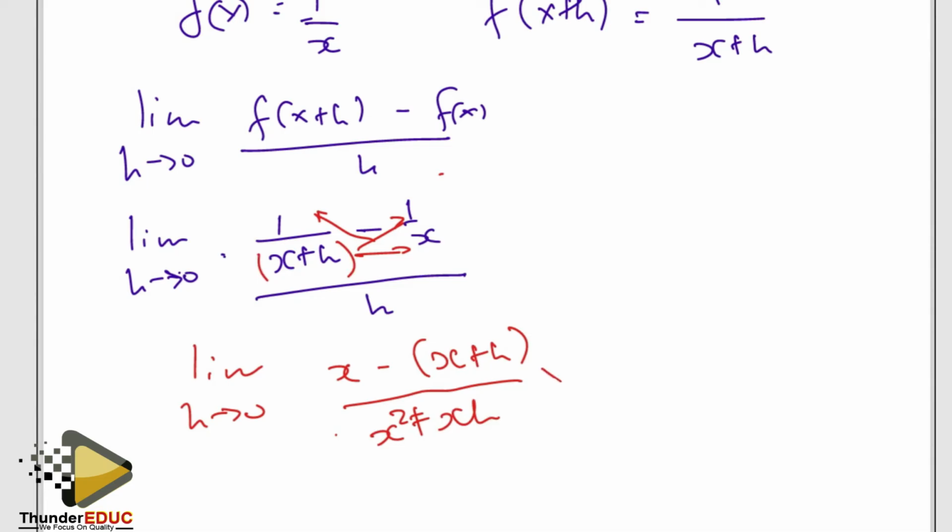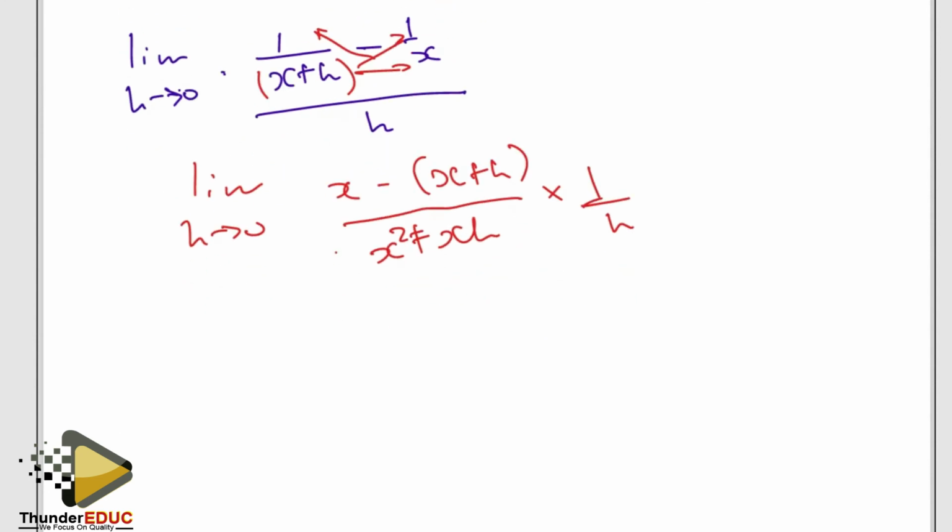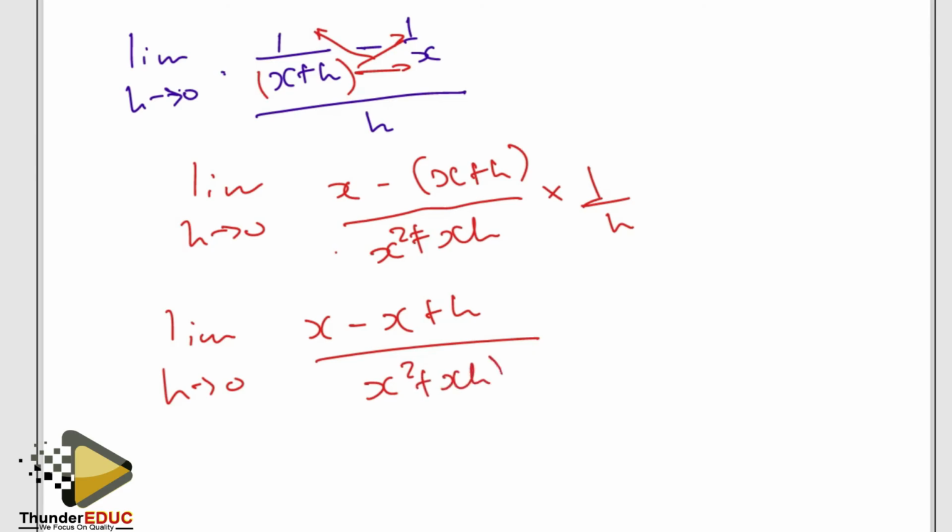Okay, but then I'm dividing it by h. Okay, open the brackets on top. So the limit as h tends to 0, that's going to be x minus x plus h over x squared plus xh. I'm not going to multiply through because I'm seeing something cancelling out. So that has cancelled. I'll be left with h alone. So this h can also cancel this h.